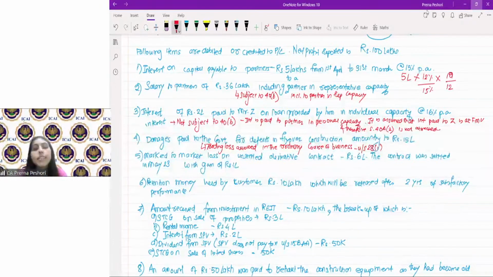Okay. Next is the mark-to-market loss on unsettled derivative contract, rupees 6 lakh.